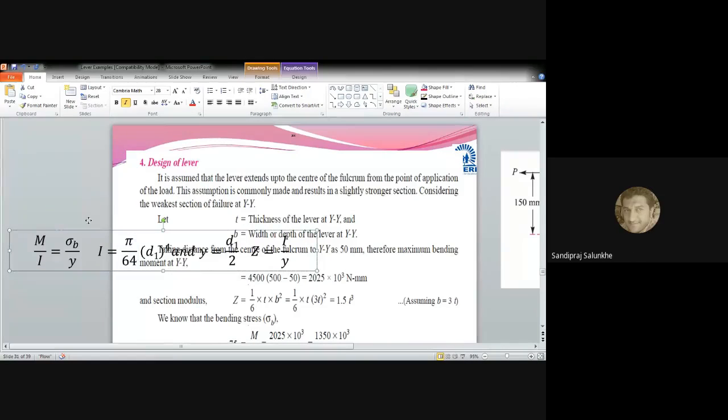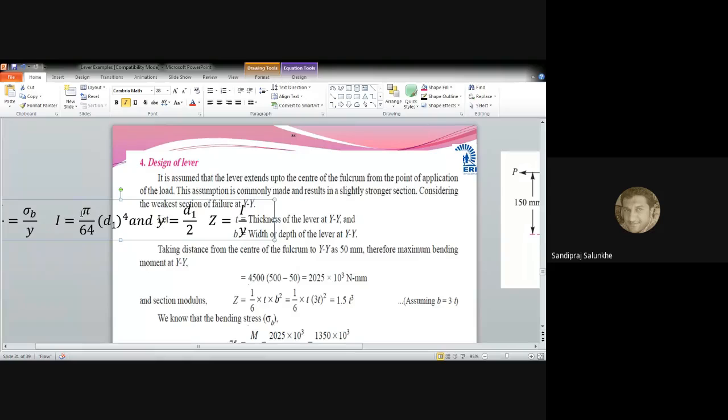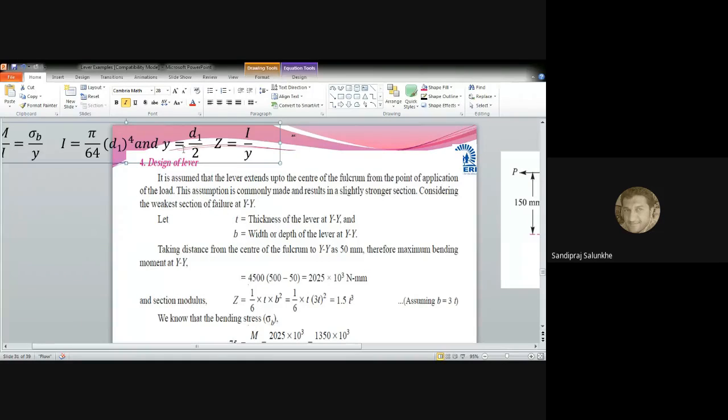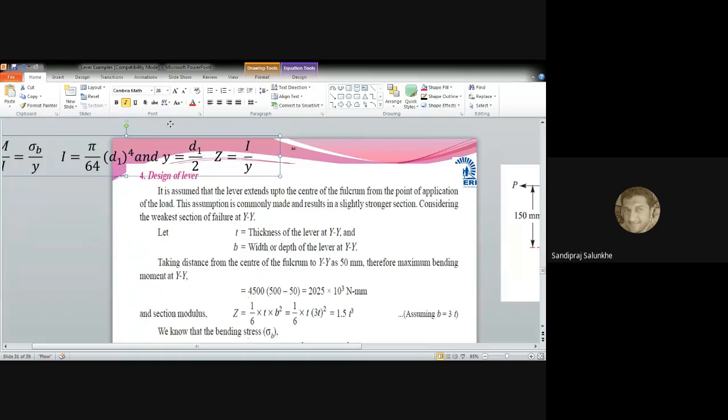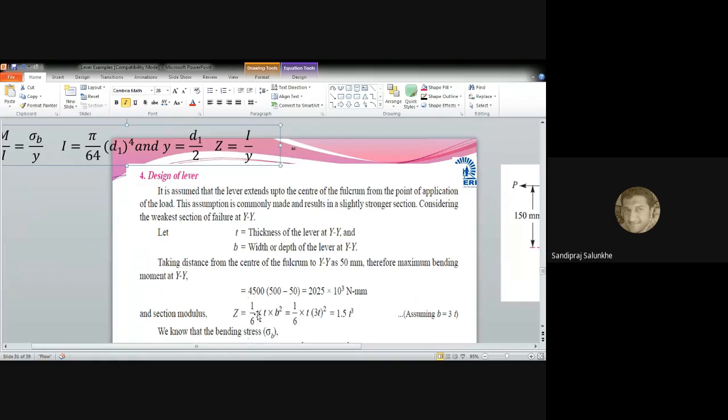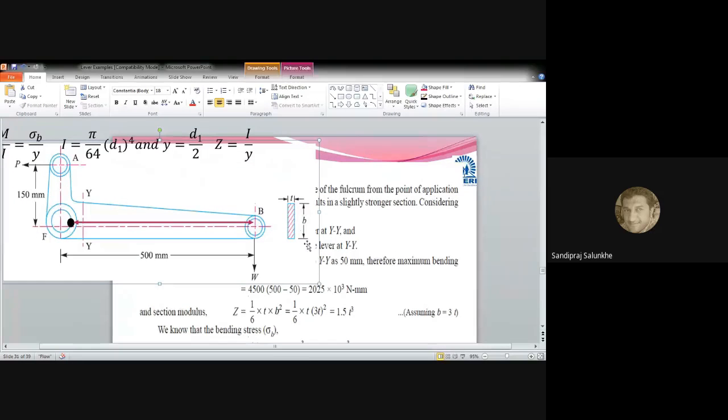Because the section which we are going to consider for the lever is a rectangular section, which has width equal to B and thickness equal to T. So this is B T cube by 12, because if you see the diagram, this B is the depth and T is the thickness, which we have already considered.